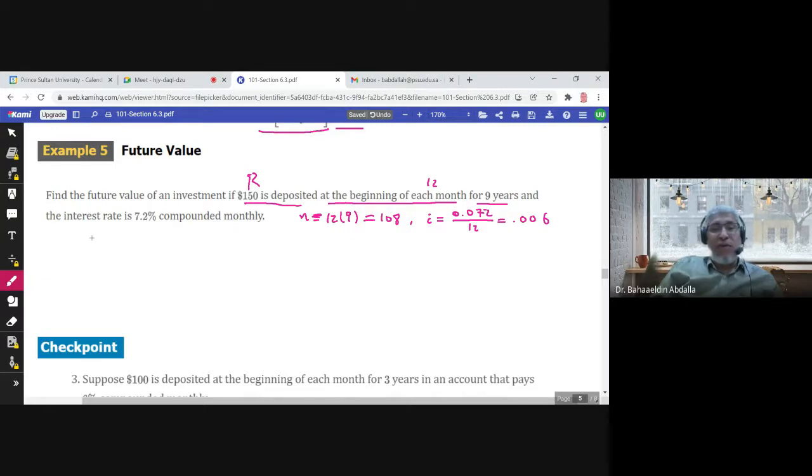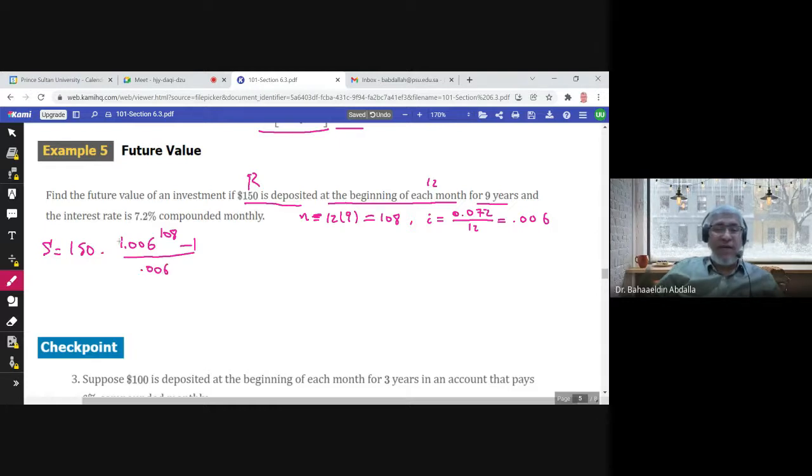So S, the future value, would be R, which is 150, times (1.006 to the power n, which is 108, minus 1) over i, which is 0.006.